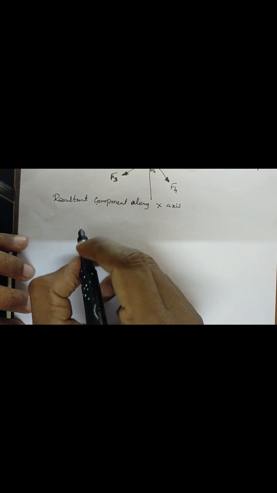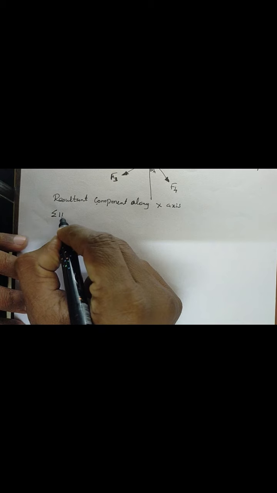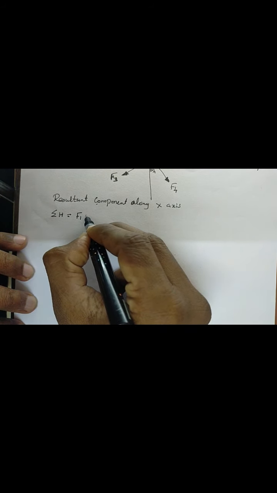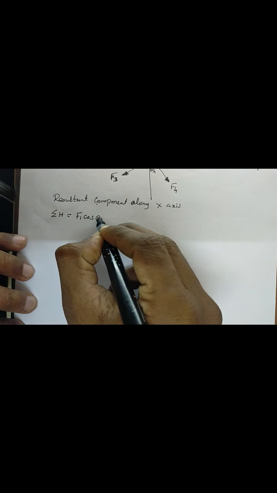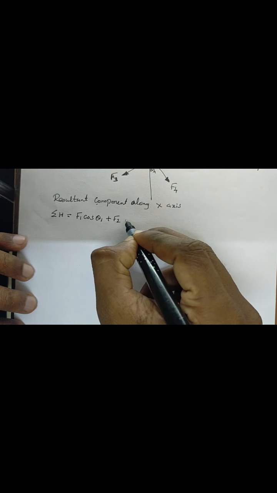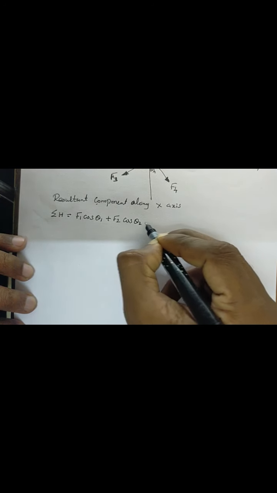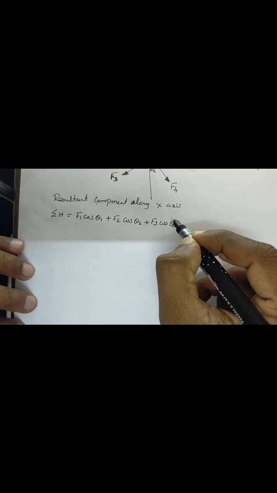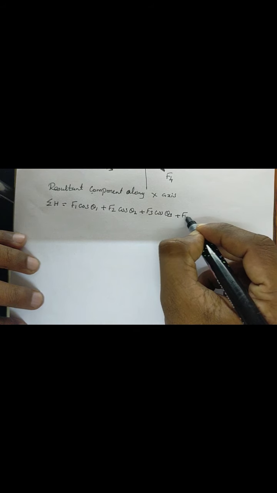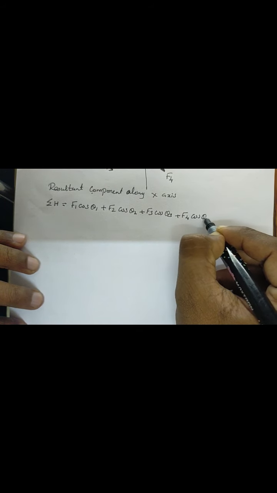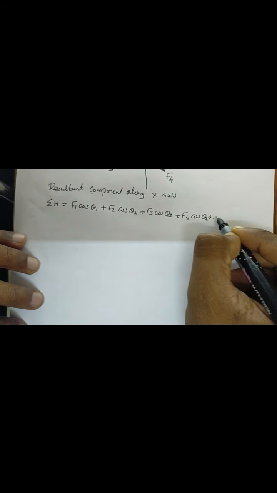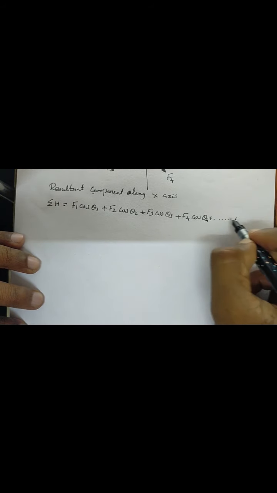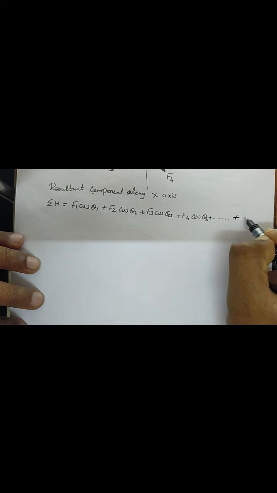The formula is: summation of H equals F1 cos theta 1 plus F2 cos theta 2 plus F3 cos theta 3 plus F4 cos theta 4, plus etc., n numbers. You can add n numbers of forces.